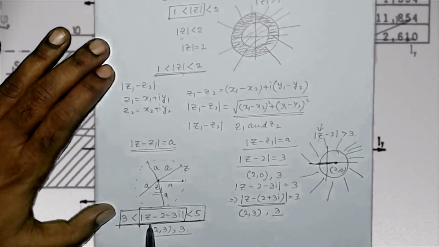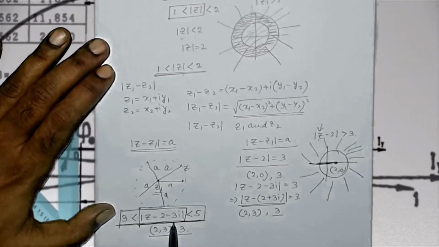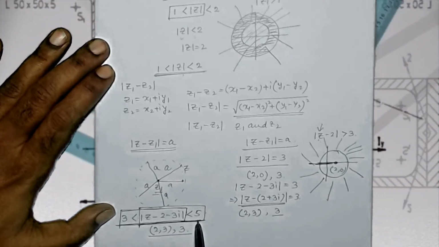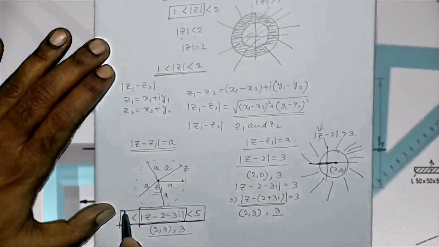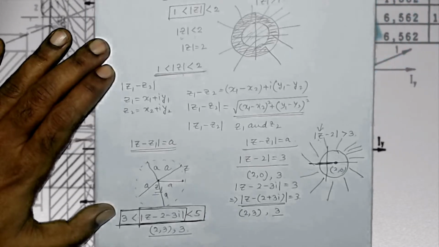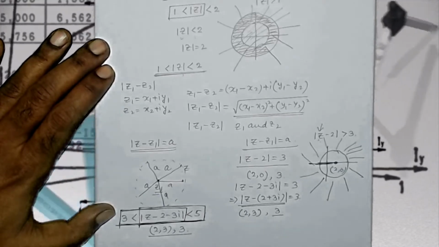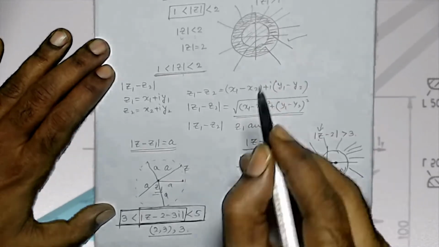So z is lying somewhere inside the circle whose center is at 2, 3 and radius is 5 units. Therefore, this whole inequation will represent the portion between the two circles whose radii are 3 and 5 respectively. Yes or no? Same thing as we have done here.